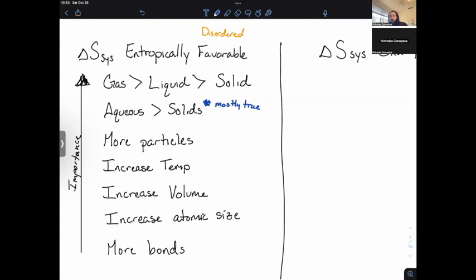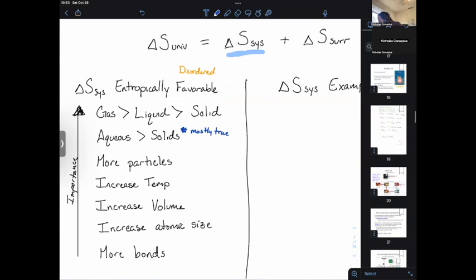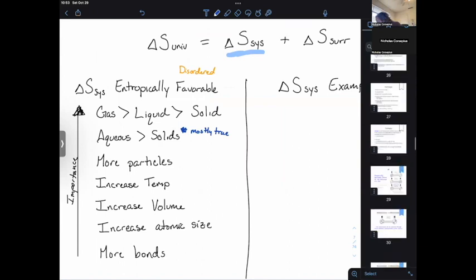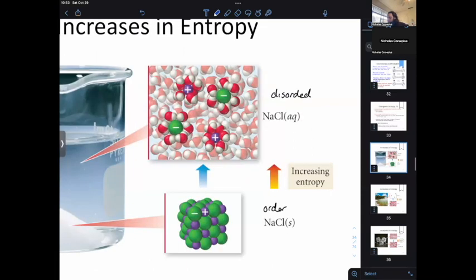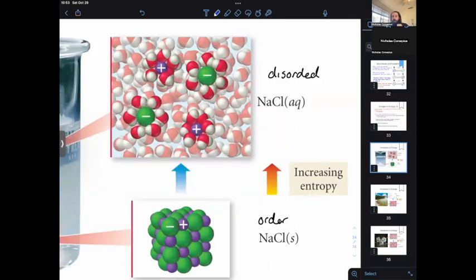For the most part, if you take a solid and dissolve it into a solution, it does indeed create more disorder, because in a solid, those ions are fixed in their position. When you dissolve it into water, they dissociate and freely float about in a very disorderly fashion.